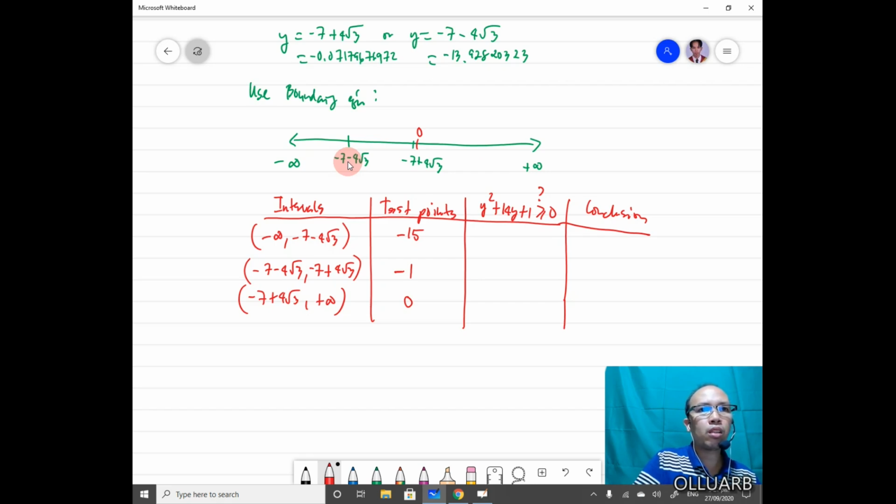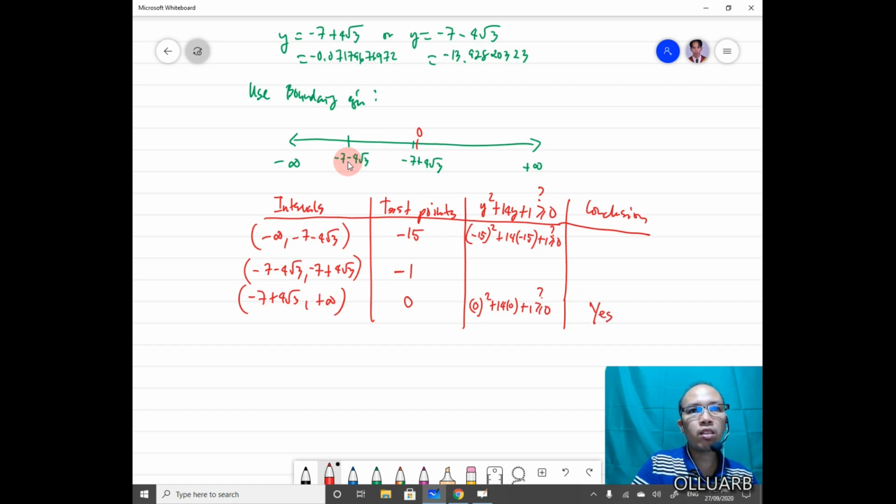If you substitute negative 15, is negative 15 squared plus 14 times negative 15 plus 1 greater than 0? How about 0? 0 squared plus 14 times 0 plus 1, is this greater than 0? The answer is yes.